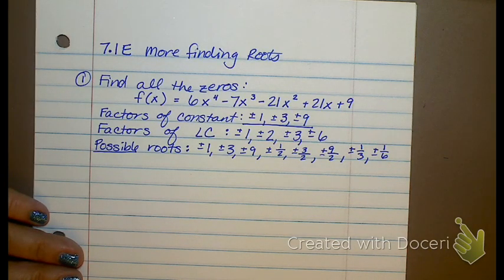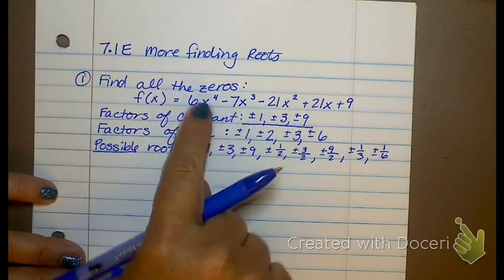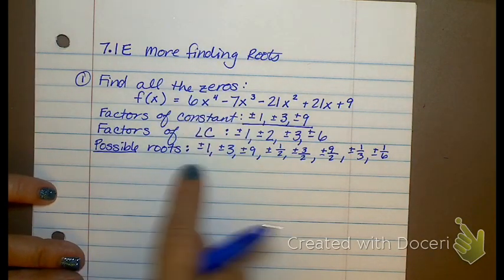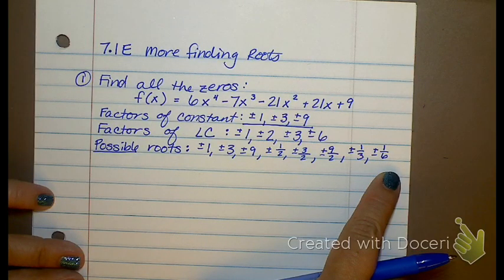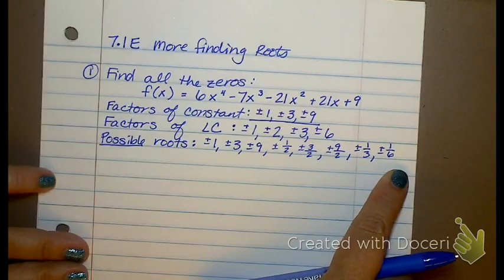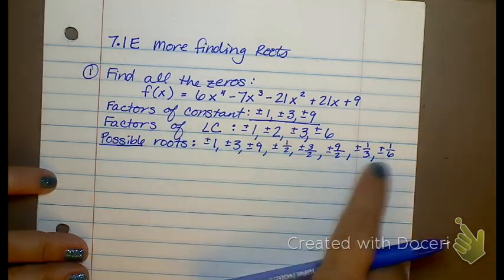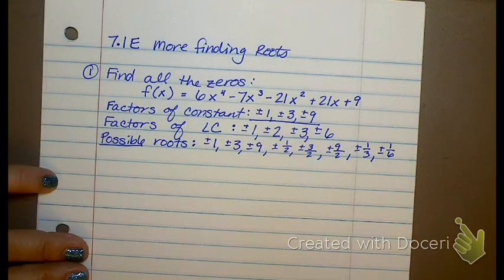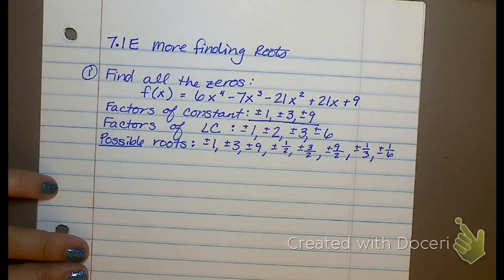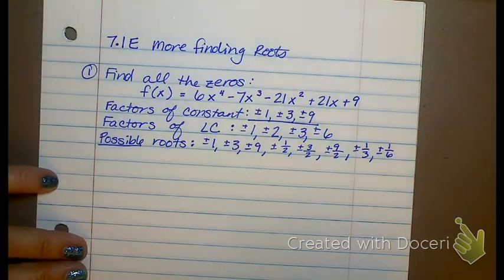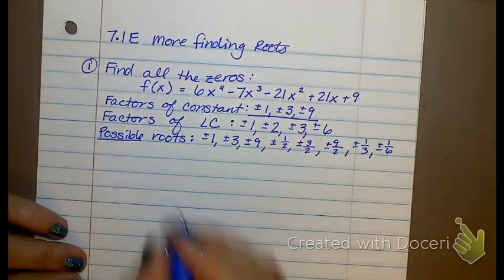In order to be an actual root, it has to give me that remainder of 0. I know that I'm only going to have 4 answers, so clearly 16 numbers can't all be answers, right? In fact, there might only be 1 or 2 answers on this list because some of our answers may end up being imaginary or not nice. And we'll talk about those a little bit later.